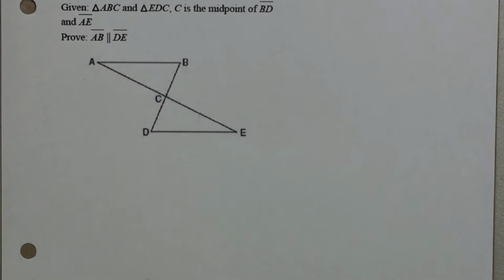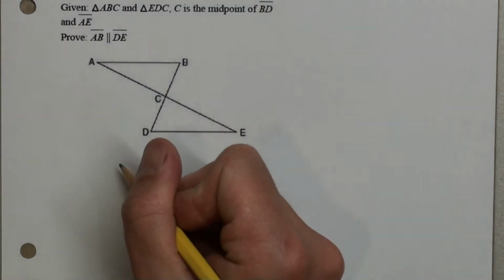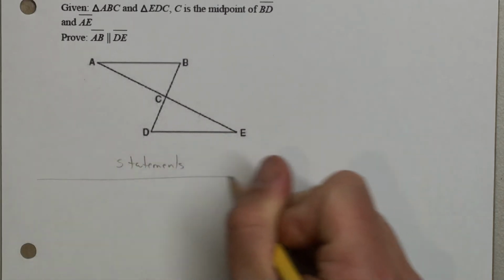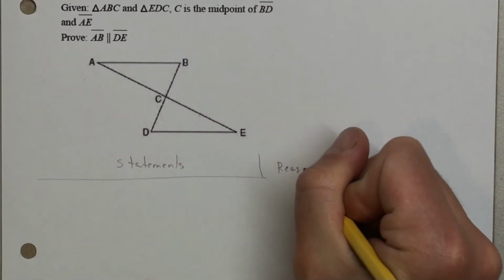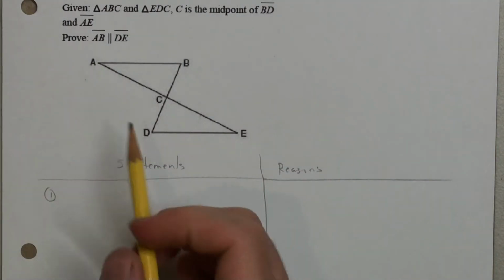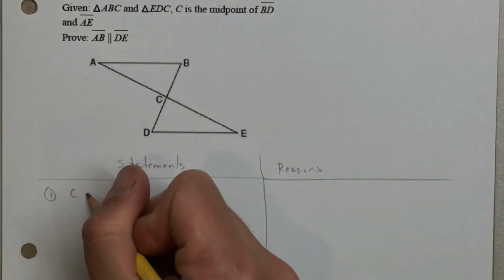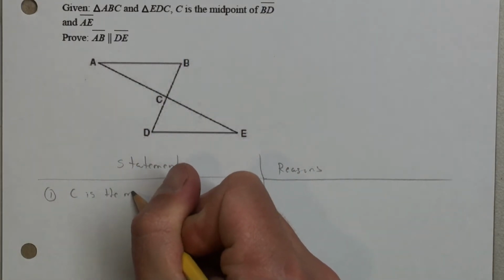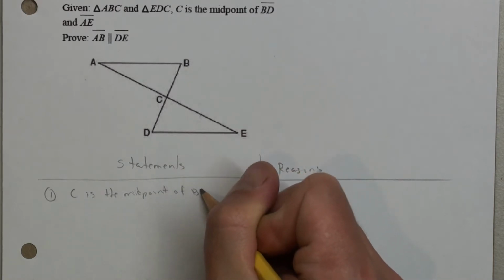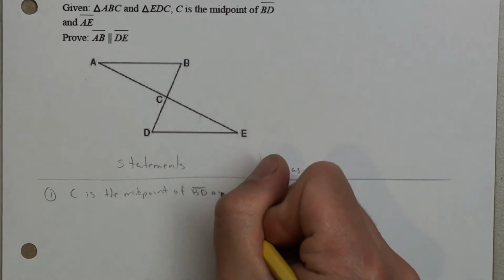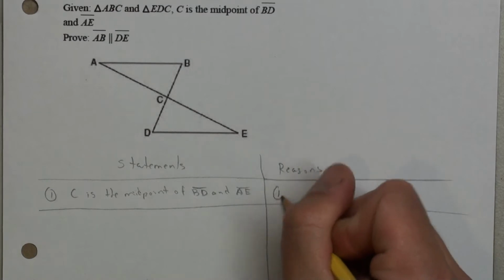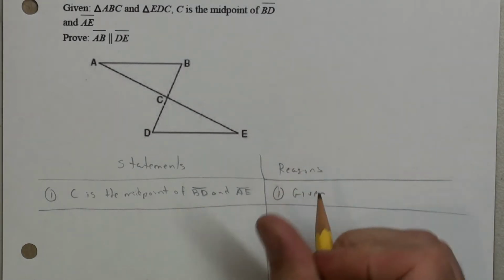Okay? So, we always have statements and reasons. The first one is always the given information. C is the midpoint of BD and AE. And that is given.